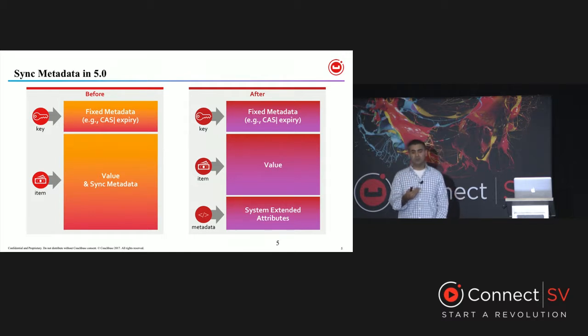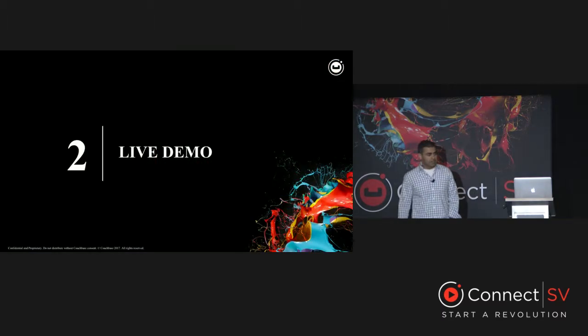So the documents wouldn't know that there is any metadata related to them, which is why before 5.0 it was very difficult to have web and desktop apps and mobile apps working off of the same bucket. With 5.0, you can do that fairly easily and in a transparent fashion. So now, let me switch over to the live demo.